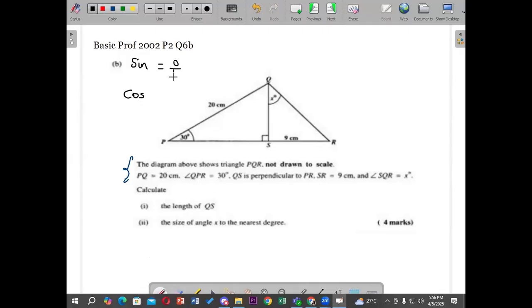Like I was saying, sine is opposite over hypotenuse, cosine is adjacent over hypotenuse, and tangent is opposite over adjacent. For us to be able to figure out how to apply our trig ratios, which one works best, which one doesn't, here's what we're going to do.